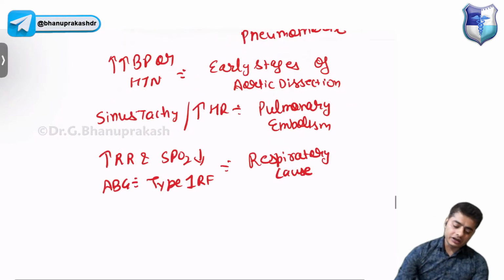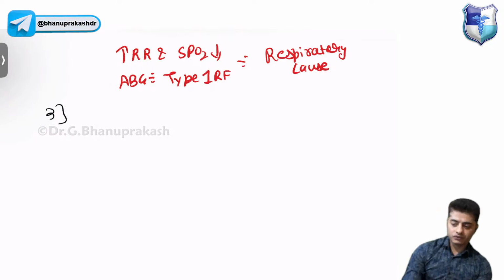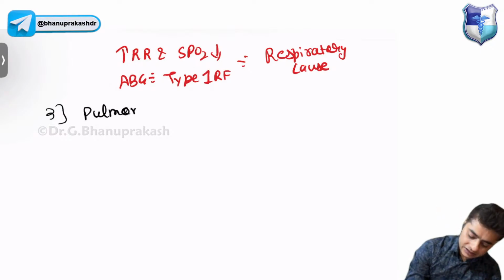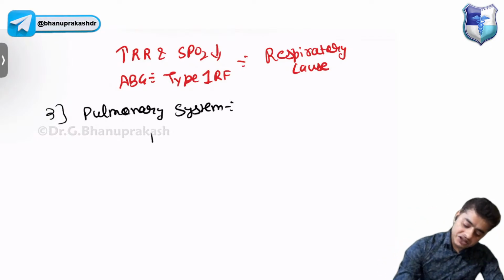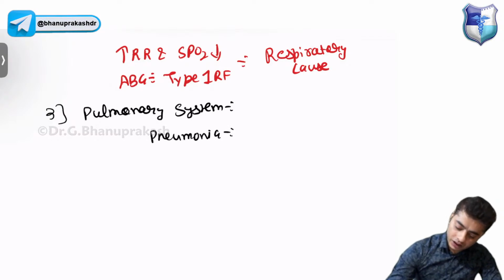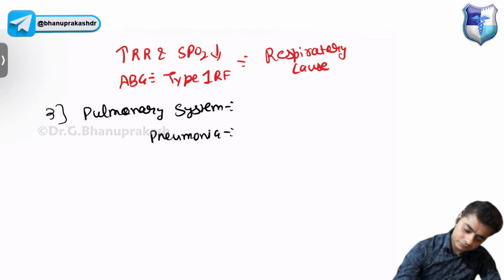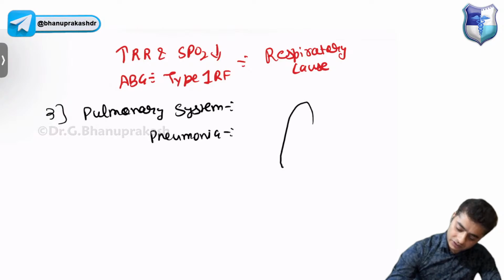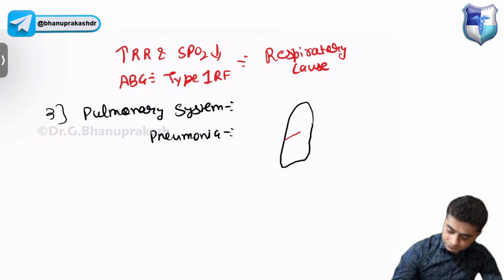Okay. So after doing general examination and vital examination, we will come to examination of each system. So the first system is your pulmonary system. If the patient is having pneumonia, you all know that in pneumonia, if this is your lung, suppose this is the area of consolidation.